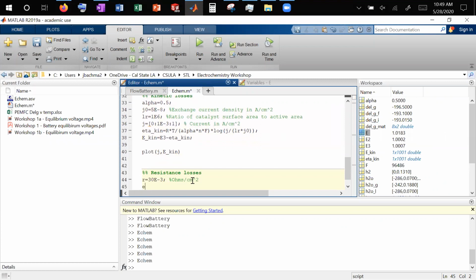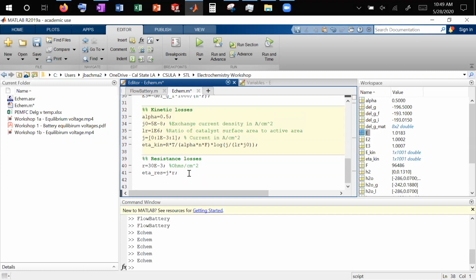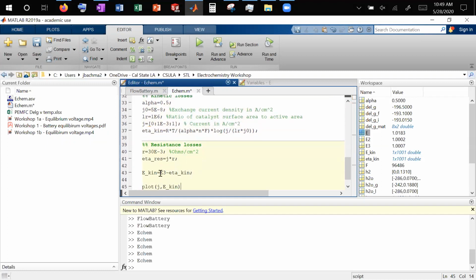And so our eta for resistance is going to be equal to J times R. And so we can get rid of this part, and let's include these two. So now our voltage will do minus eta resistance. So we plot just our E. Let's see how this looks.